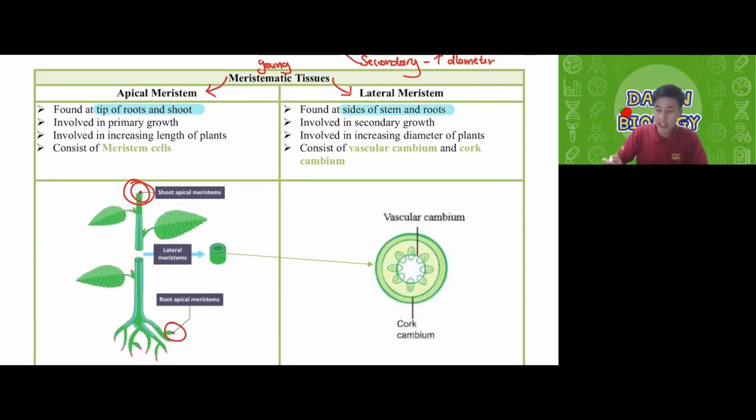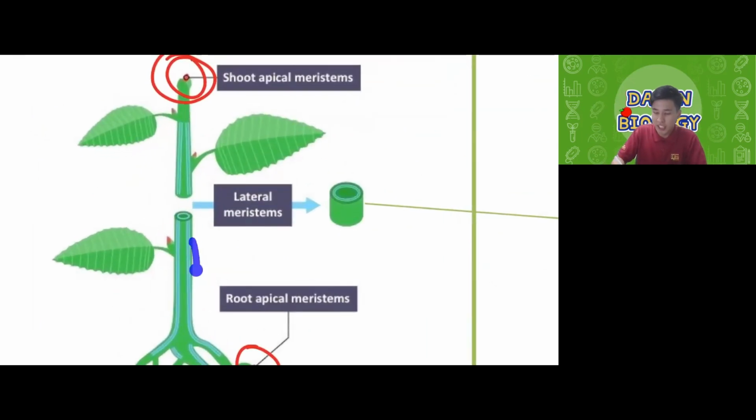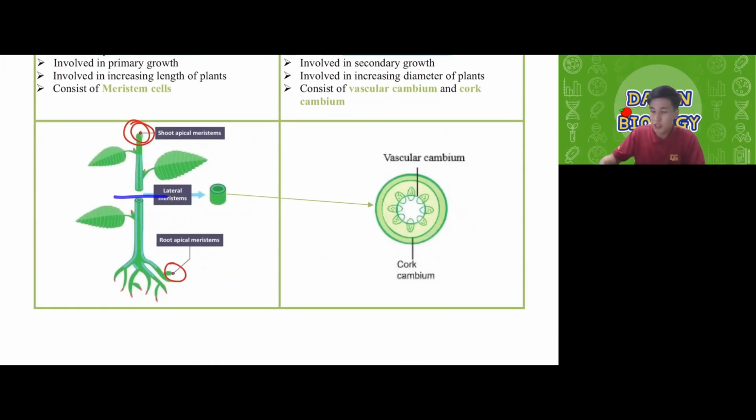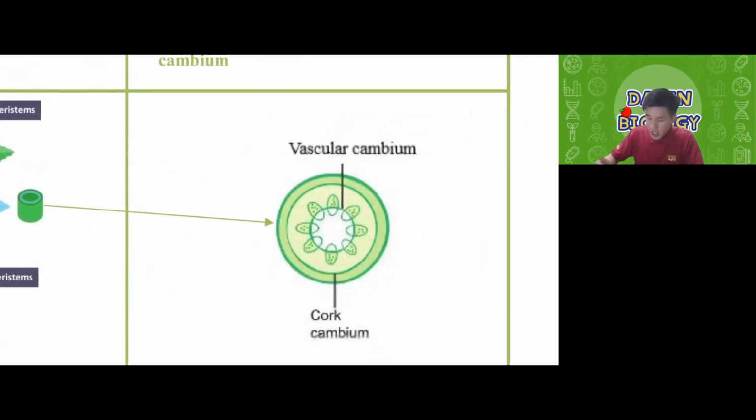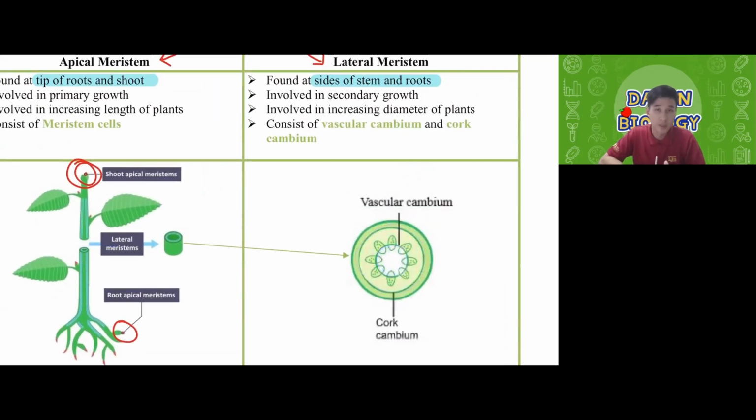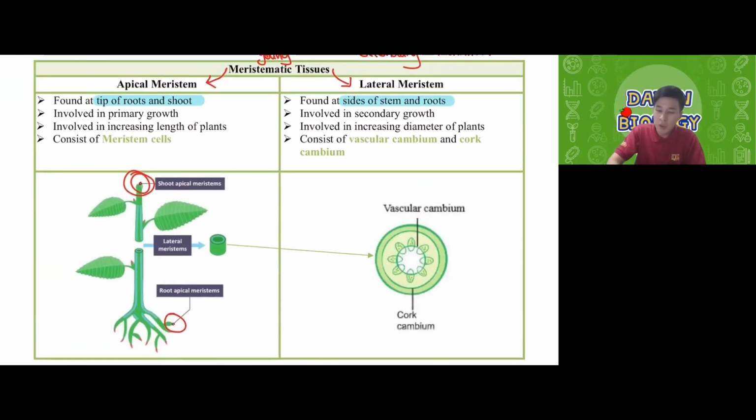Side doesn't mean on the side like that, but when you cut it in cross section and look from the top, inside there are 2 rings, the inside ring and the outer ring. These 2 rings are lateral meristem. Apical meristem is involved in primary growth and lateral meristem is involved in secondary growth.